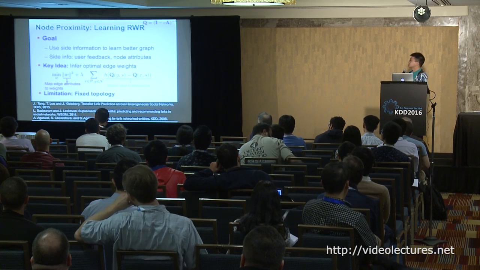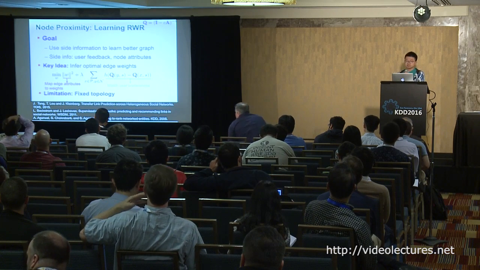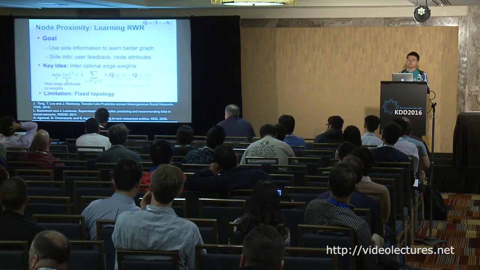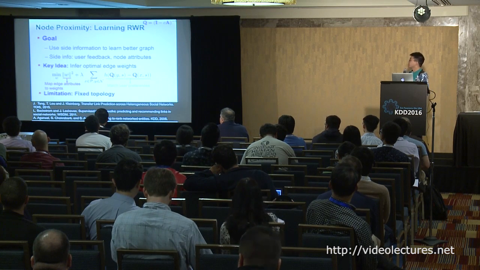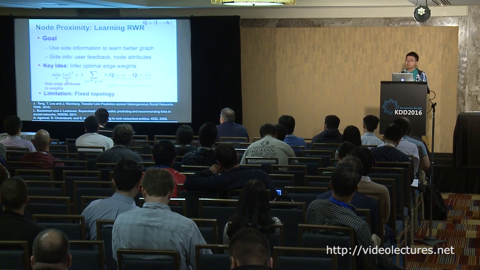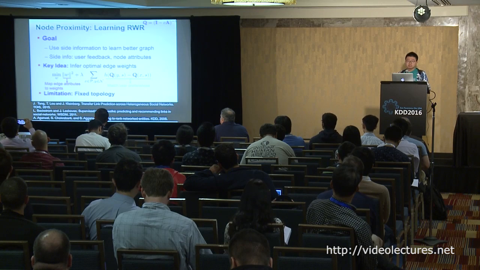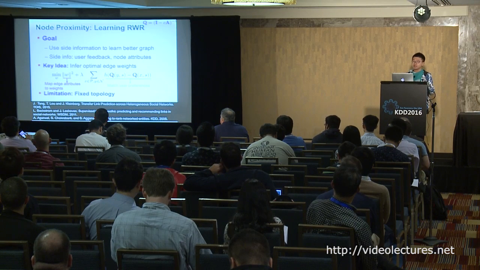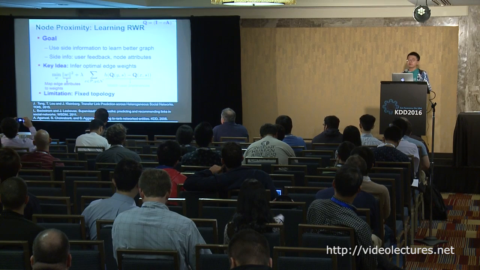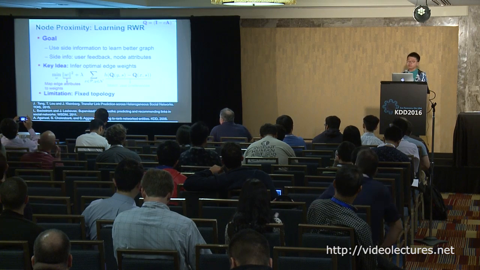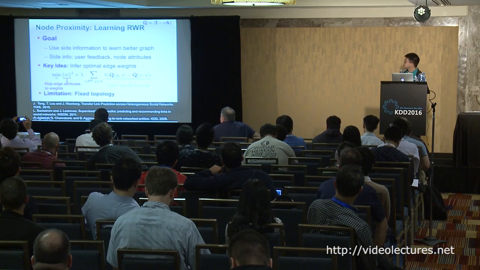Some recent work tried to optimize the edge weights from side information to learn a better graph. The side information includes users' feedback, node attributes, or edge attributes. A key idea behind supervised random walk is to infer optimal edge weights. This is their formulation.